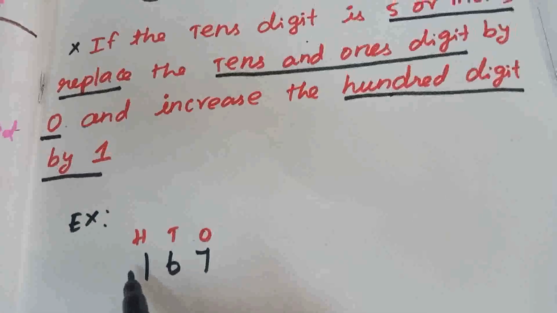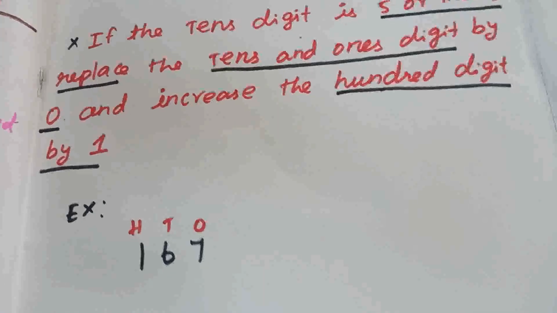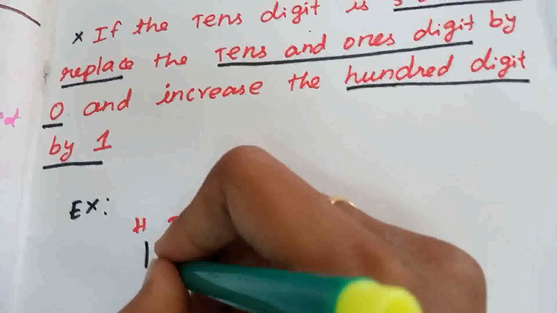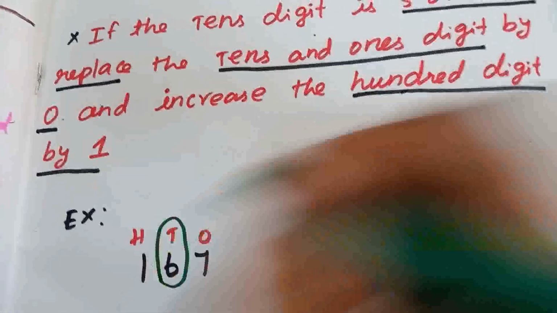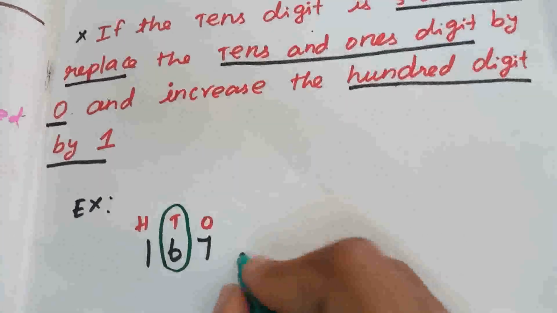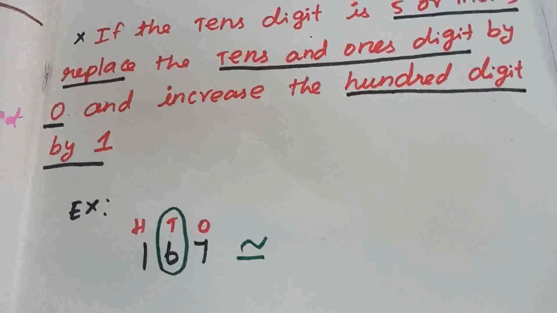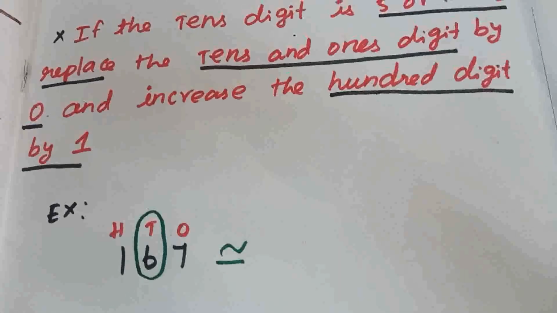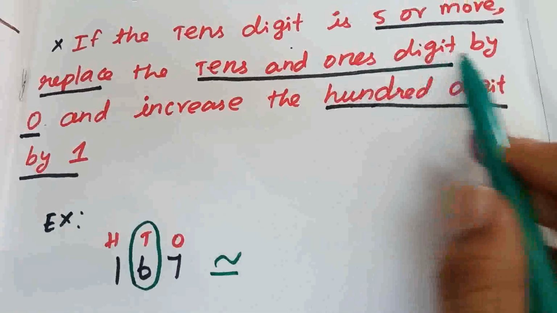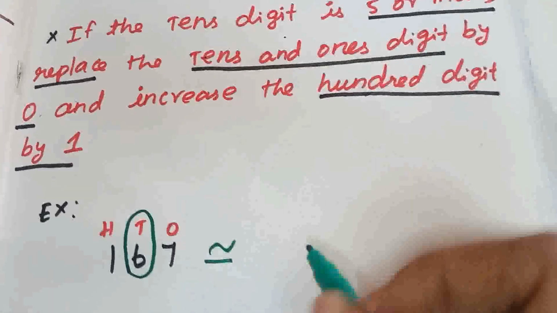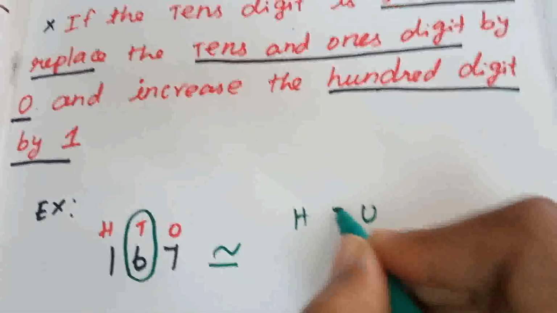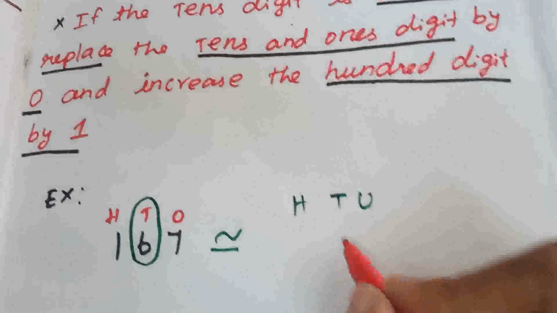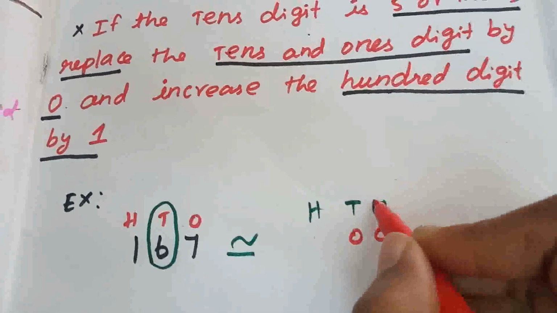So here, nearest to 100 means which place do we have to observe? The tens place. So you have to circle the tens place. So I used the approximate sign. So 6. So 6 is more than 5. More than 5 means the tens and ones places are replaced by 0. 0, 0 in which place?